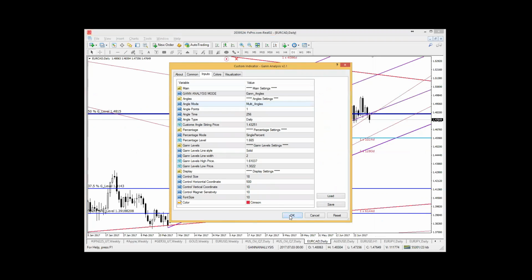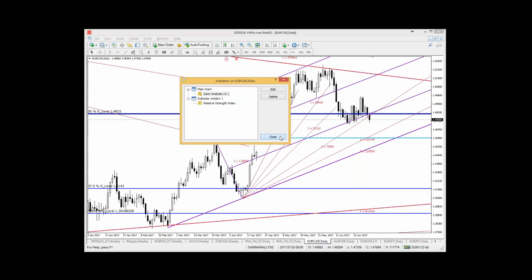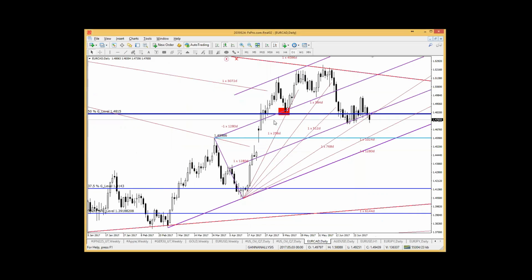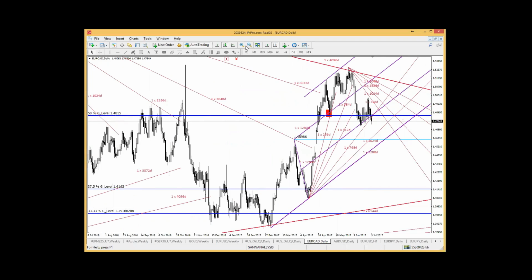Just I can add some. I know that you like this bear, EURCAD. I'll add here again the angles. First one, 256 didn't work. You have 512 didn't work. All these angles I will not be interested in because I have angles coming from an important high before that.